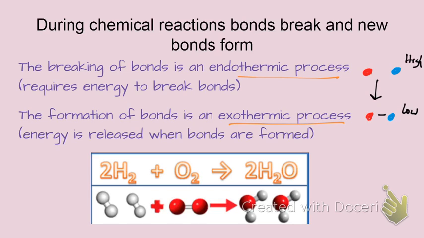What I want to show you was that if they bond, they go from a high to a low, which means there's this excess. Let's just give it a number. This was 10, and this was 5. There's an extra 5 that are remaining, and so that is given off.